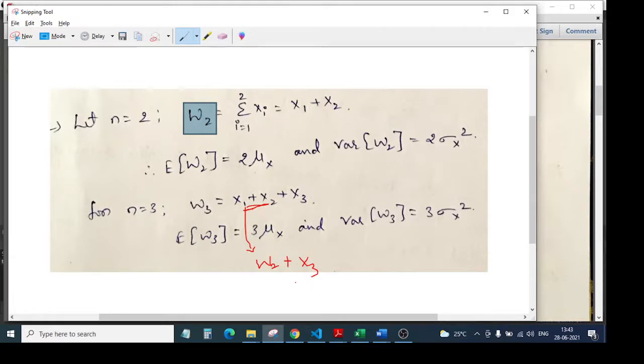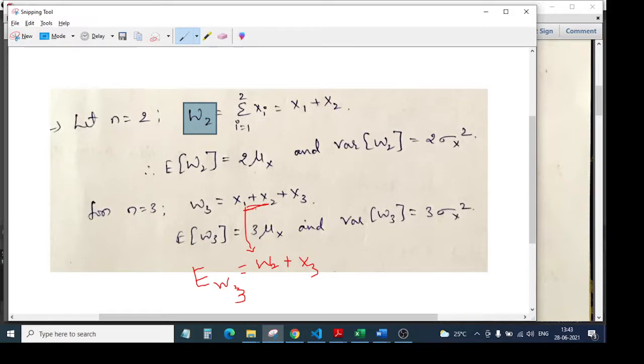Fine. So that means it is again a PDF of two convolutions. Sorry, I am speaking of E of W3 now. E of W3 is nothing but W2 plus X3.